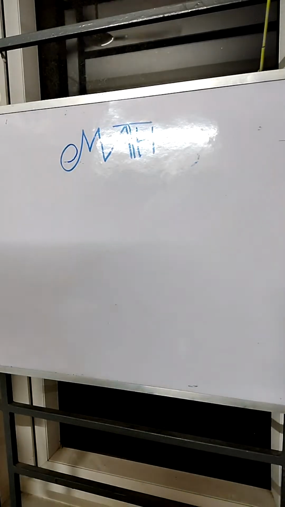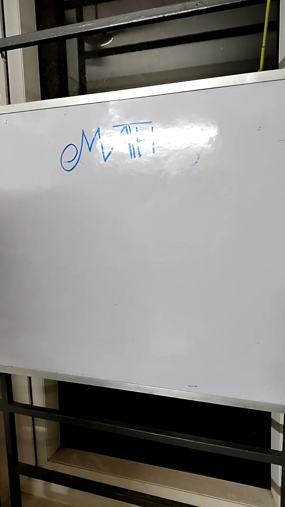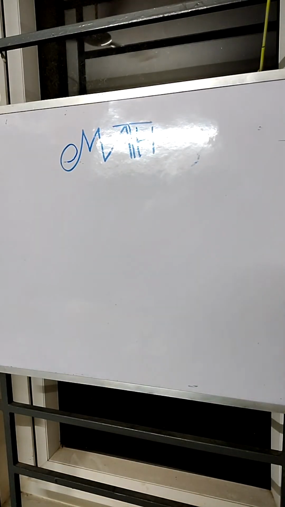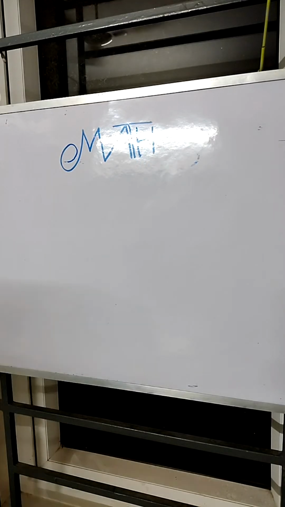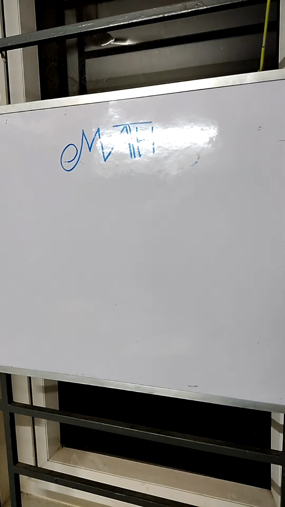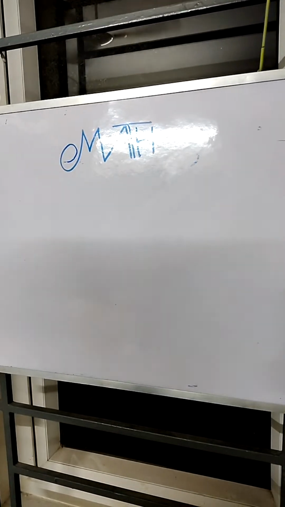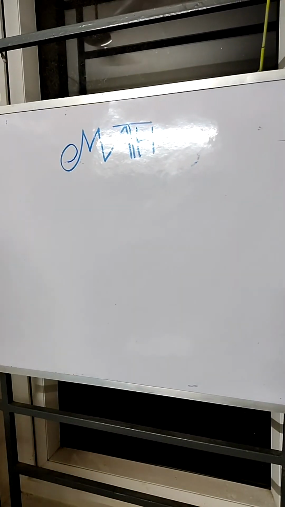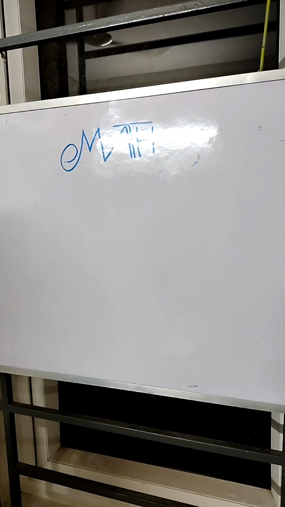Now, the next question. Name the property of addition used in the following expression. 5 plus (minus 5 plus 7) is equal to (5 plus minus 5) plus 7.